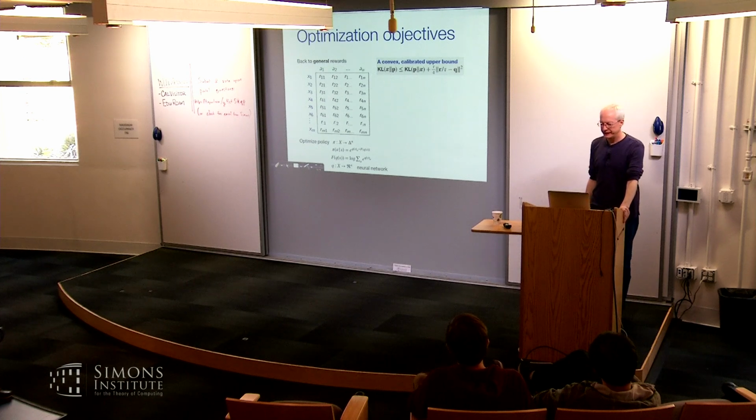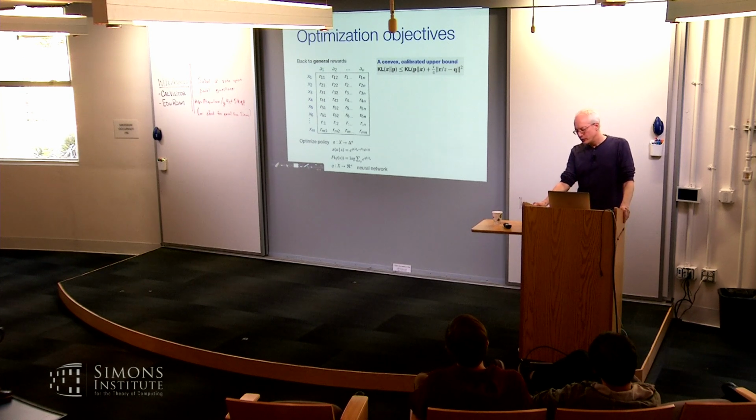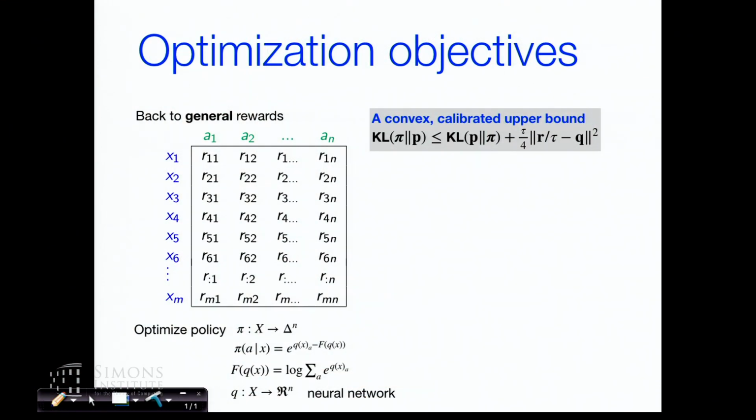One further step is to get upper bounds, like risk bounds and generalization theories. It's nice to have upper bounds on the target objective. So if we say the entropy regularized expected reward is a target objective, we can also now construct calibrated convex upper bounds on that target objective. That will come back later. That's a useful widget.